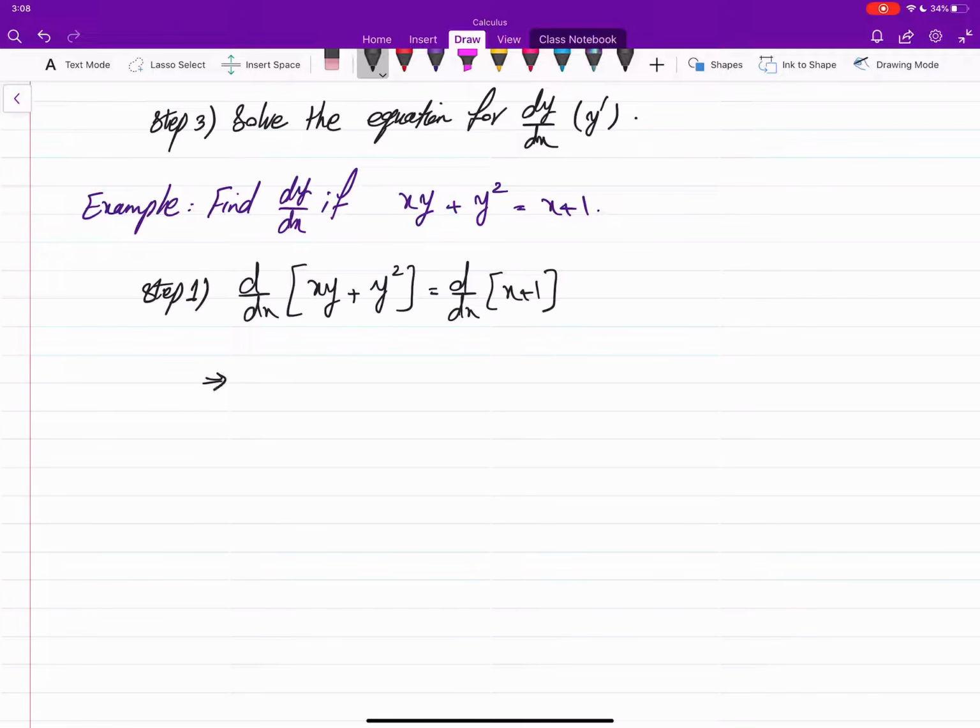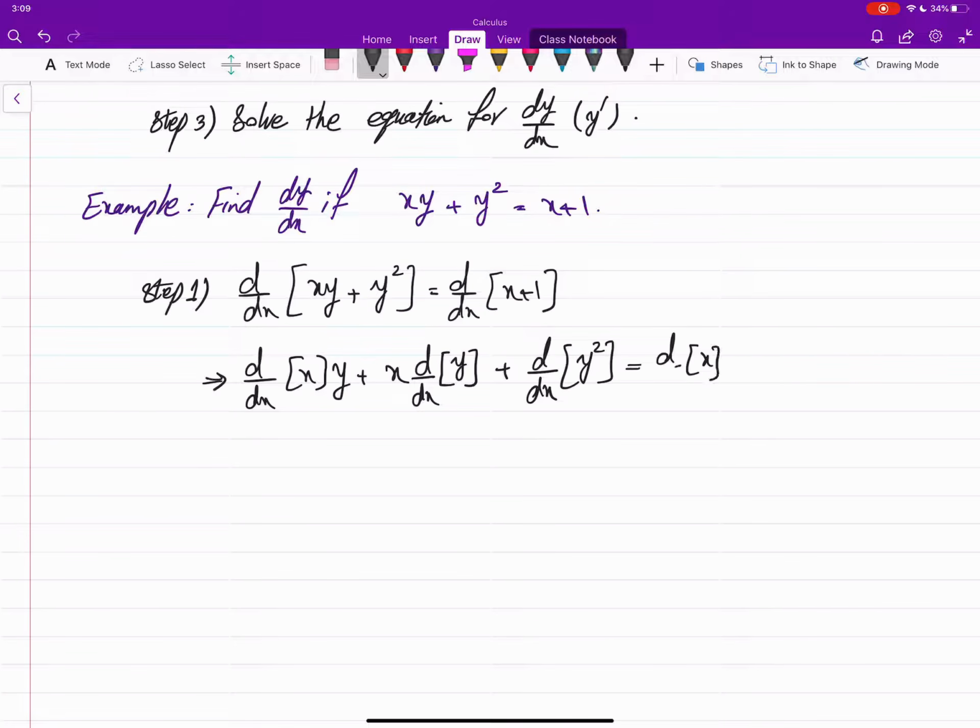Apply the differentiation rules. So this will be x y plus x dy dx. This is product rule. And then d dx of y squared, and this is d dx of x plus d dx of 1. Now, derivative of x with respect to x is 1 times y plus x.